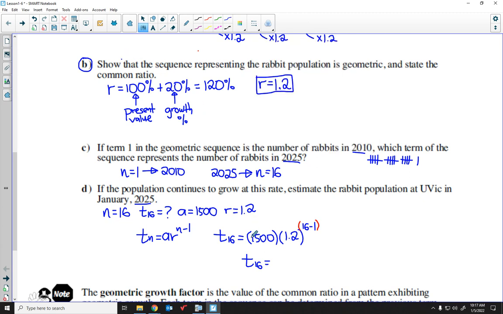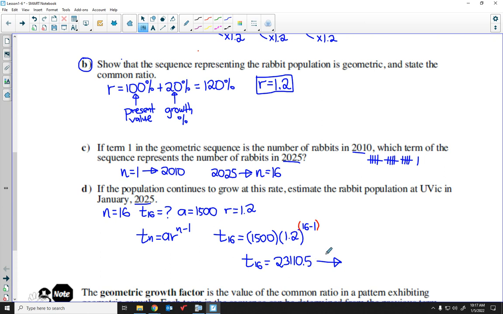What this would give you is 23110.5. Okay, but you have to make physical sense out of this. You can't have 0.5 of a rabbit. So in this situation, we're going to round down because we want to know how many whole rabbits we actually have.